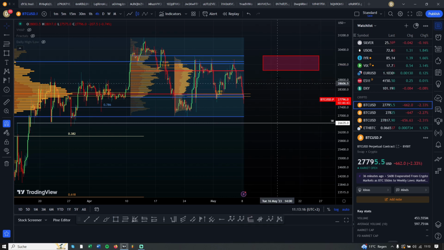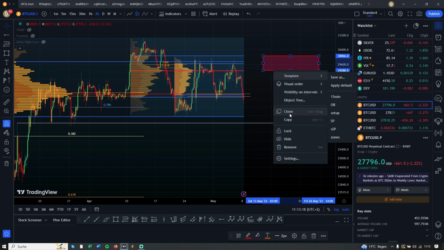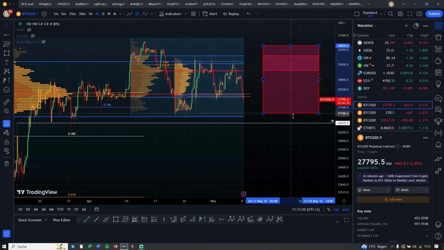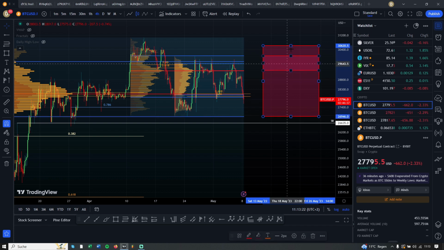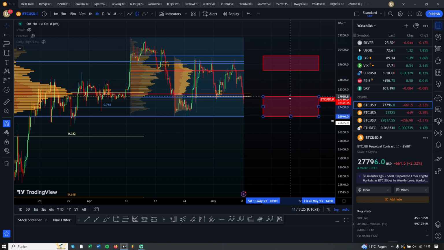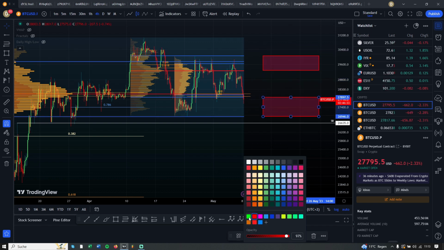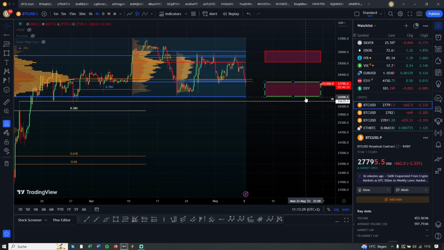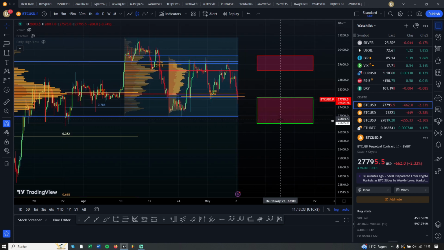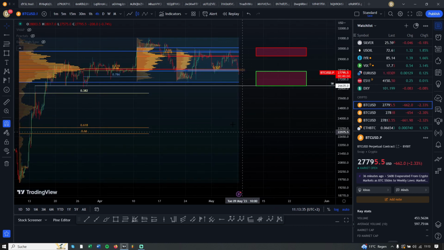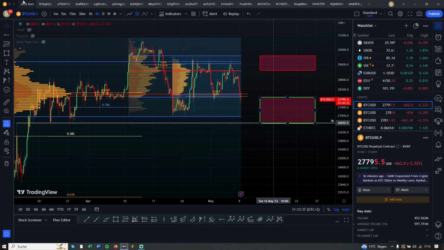I can do this red. And some levels of support right here. Basically extend it to here. Okay, that's a good first overview.